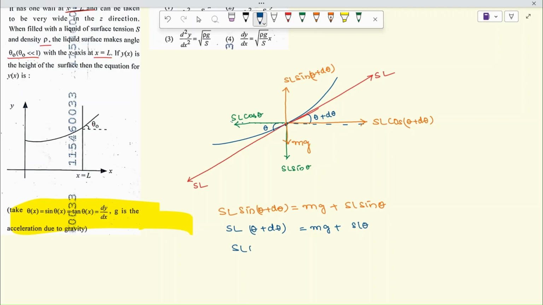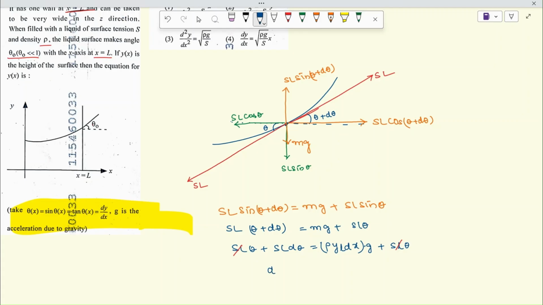On the left side, SL theta plus SL d theta is equal to, what is the mass? Mass is density into volume, which is rho into y into L into dx. This is volume. So totally, we'll get mass now into g plus SL theta. You can see that these SL theta terms cancel each other. So what is remaining? SL d theta is equal to rho y L dx.